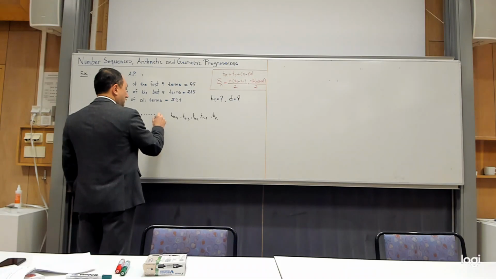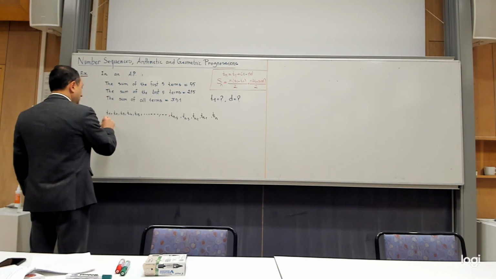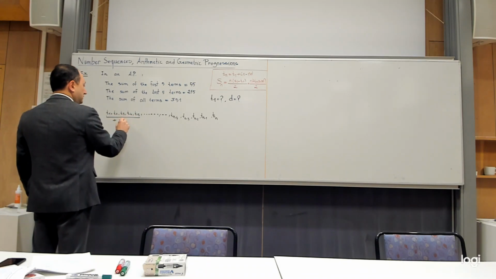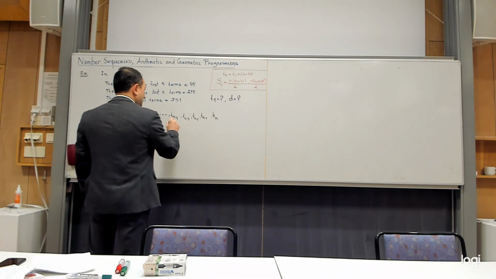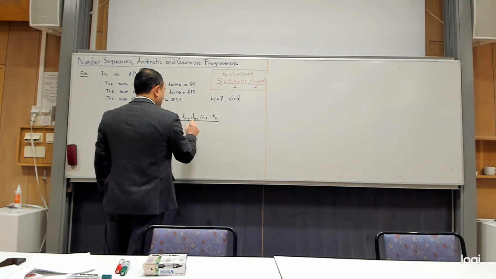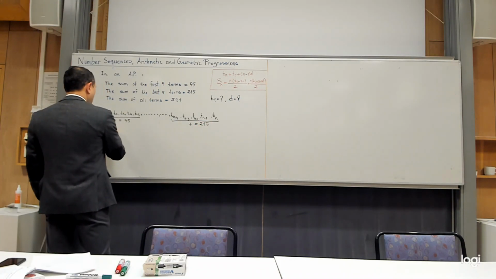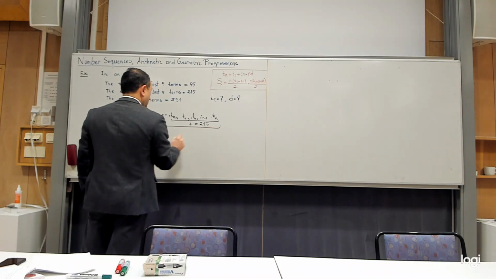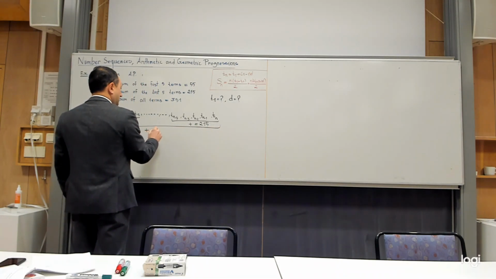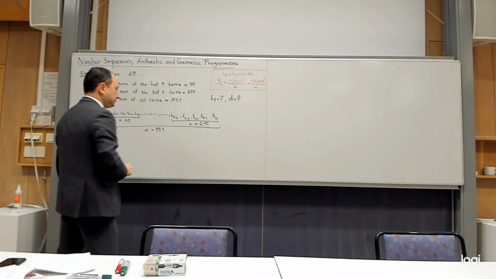And then we have something in the middle, yes? So we know that the sum of these numbers is equal to 55, and we know that the sum of these numbers is equal to 215, and then we also know that the sum of all of them is 351.